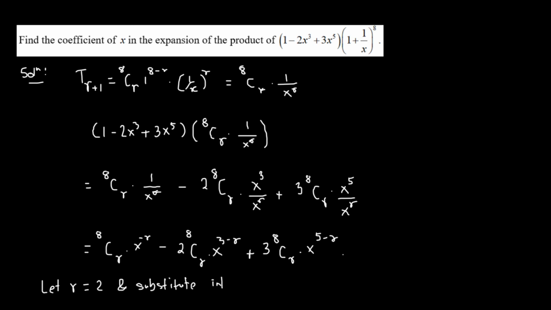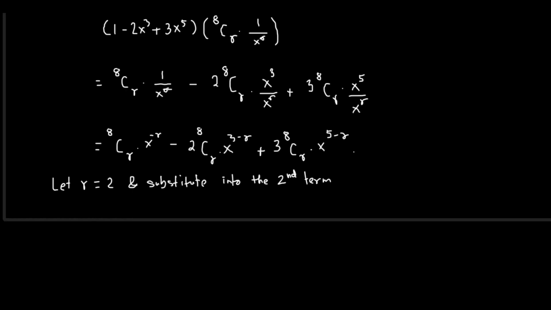into the second term. So I'm writing here the second term, which will be equal to negative 2 times 8C2 times x raised to the power of 3 minus 2, which is equal to negative 2 times 8C2 x.